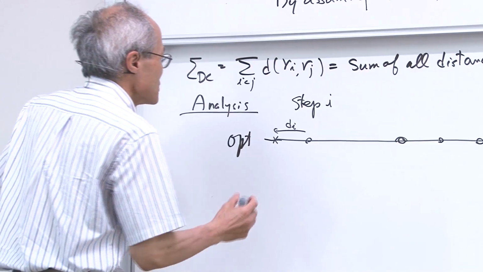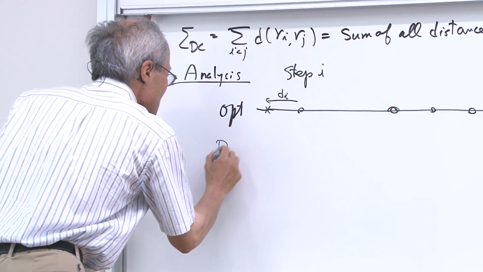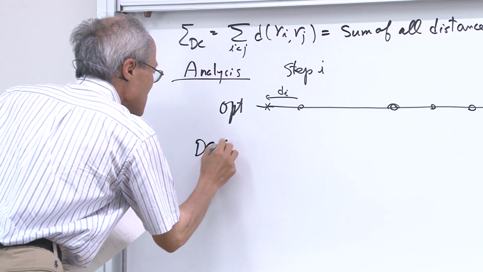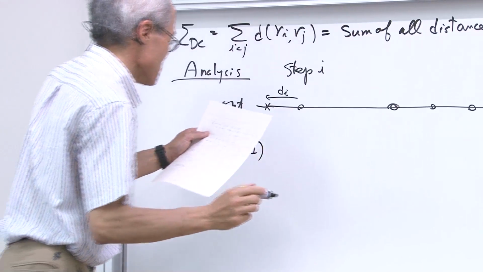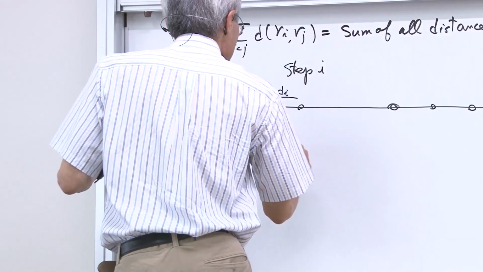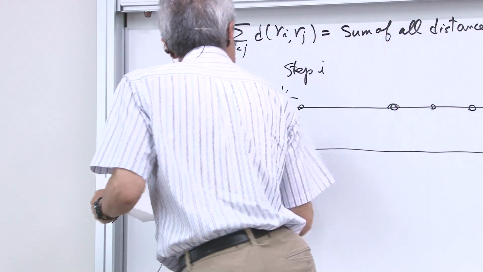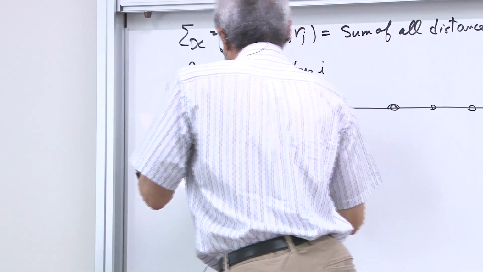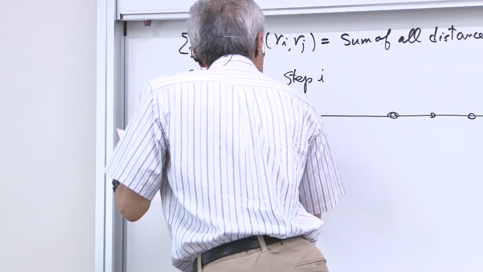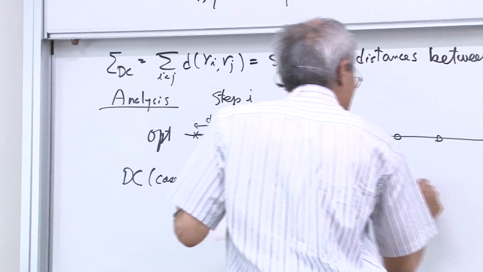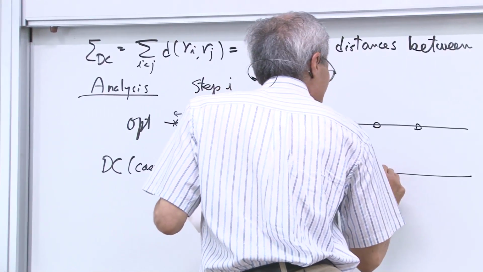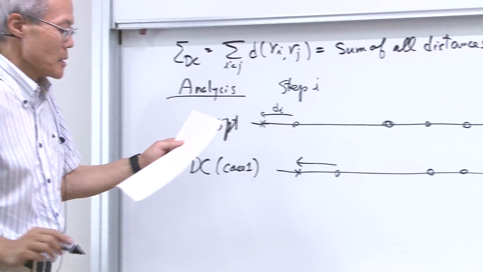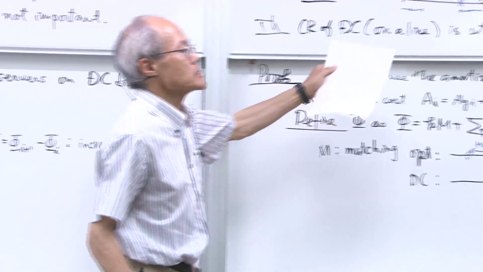Now, DC. DC had two cases. Case 1 is the outside case.